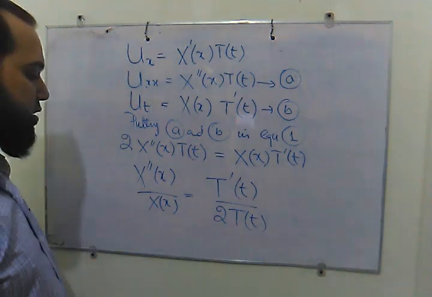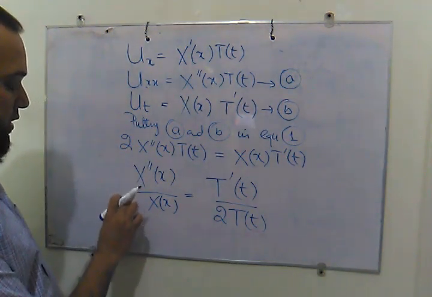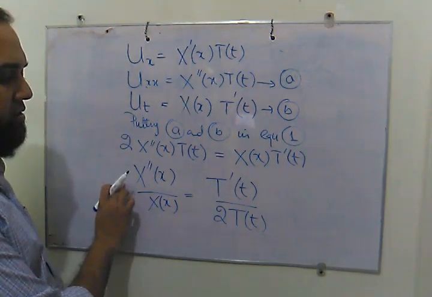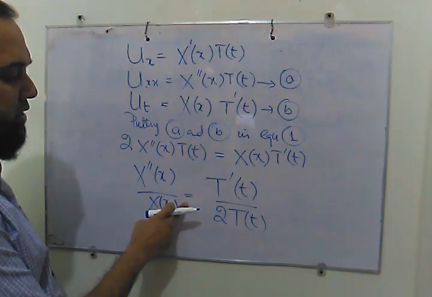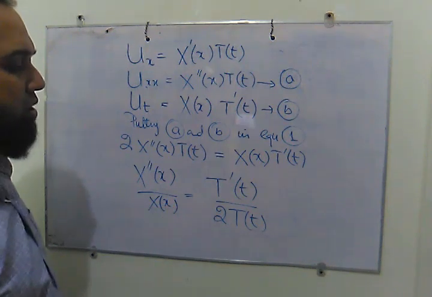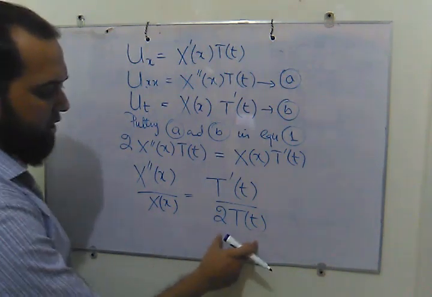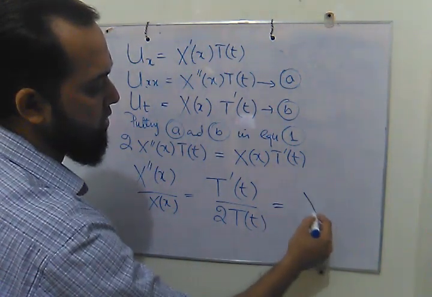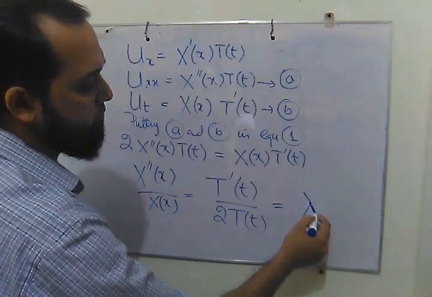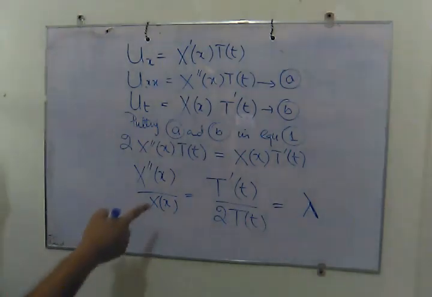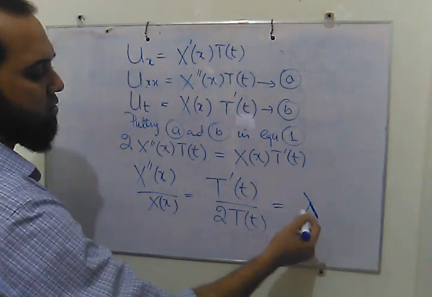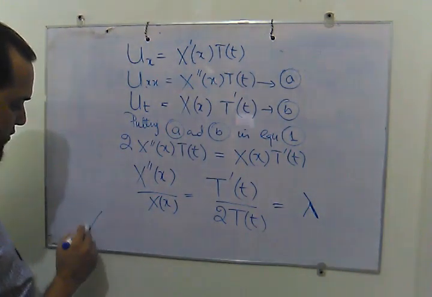Now we have a situation where the ratios of two independent variables are having an equal sign between them. So it is only possible if both of the ratios are equal to some constant. We call it lambda. Based on this constant, which is called the constant of separation, we have two values.